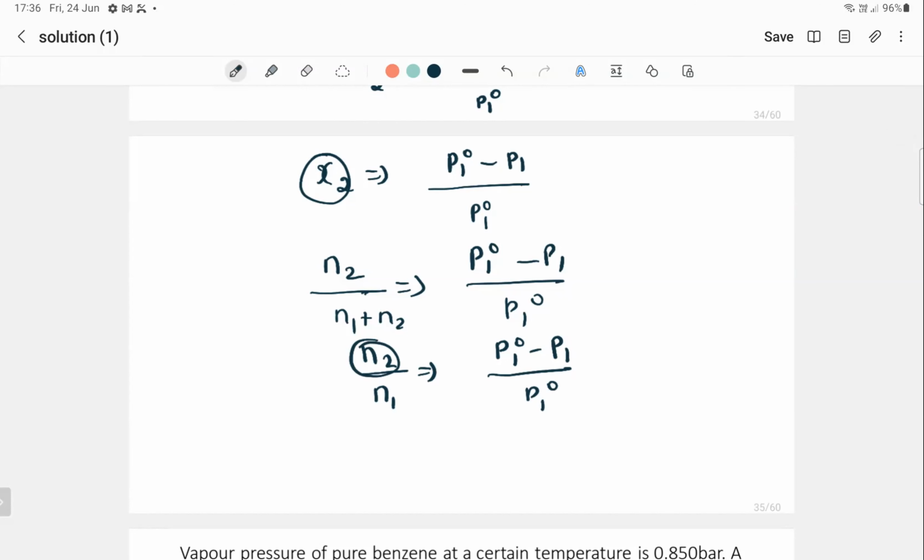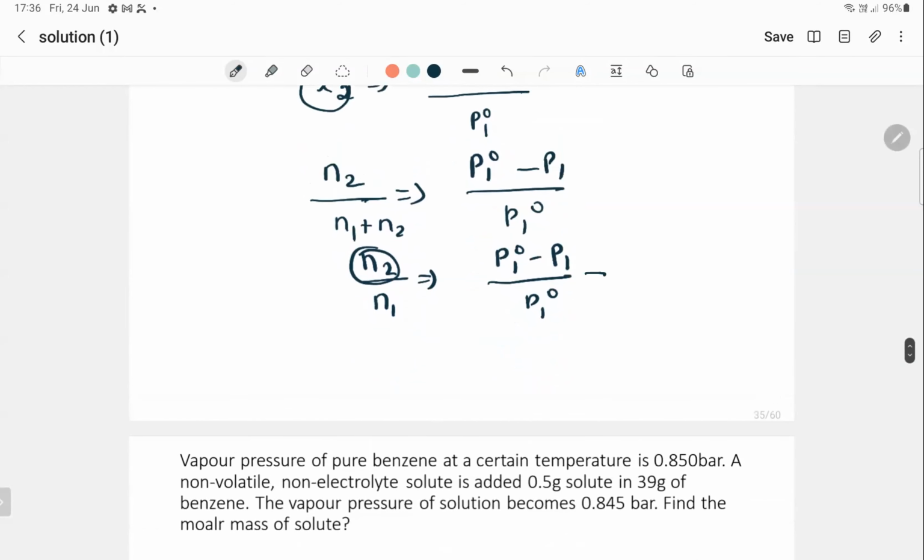So here, what happens? In this N1, this is nothing but the number of moles. Number of moles is equal to given mass divided by molar mass. So now I'm substituting here. Which means here we can take this as number of moles.